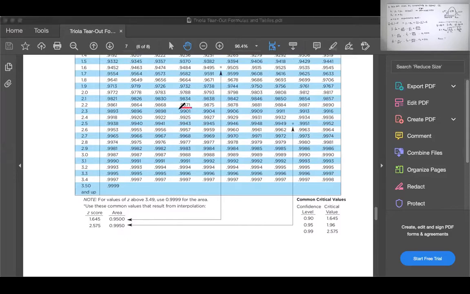It looks like that's as close as we can get: 0.9901, which is 0.0001 off from the 0.9900 we were hoping for. The corresponding z-score is z equals 2.33, because this is 2.30, 2.31, 2.32, 2.33, and the value in the body of the table is giving us the area. So this z-score is approximately 2.33.